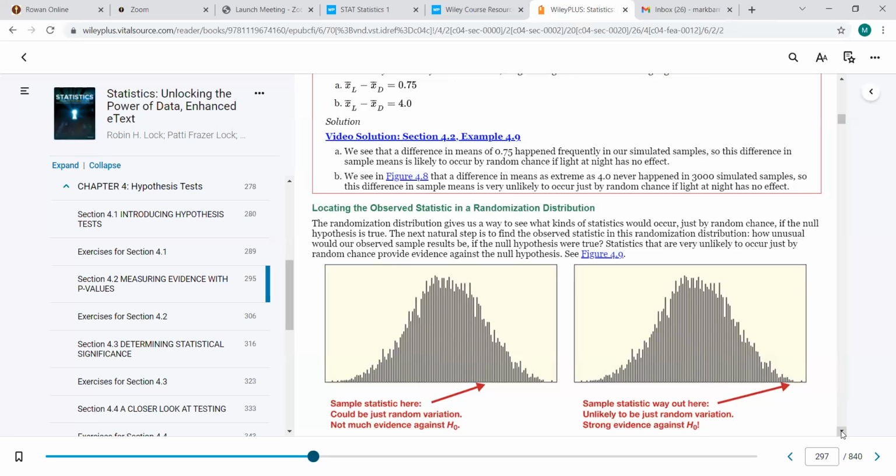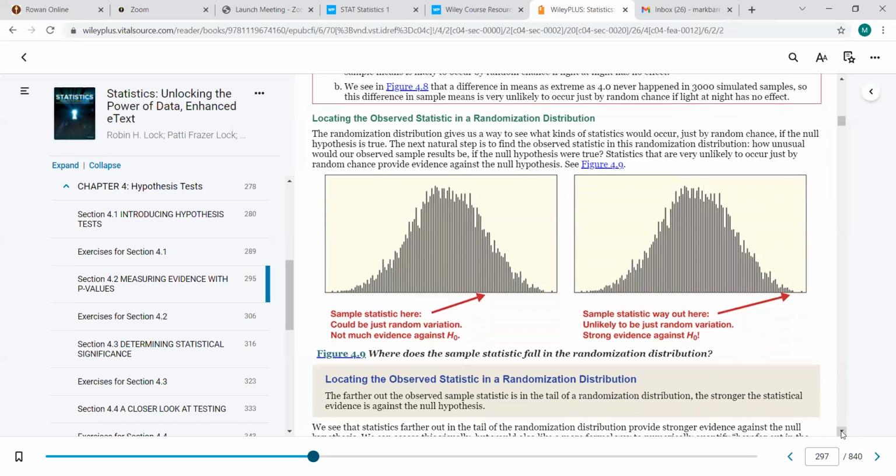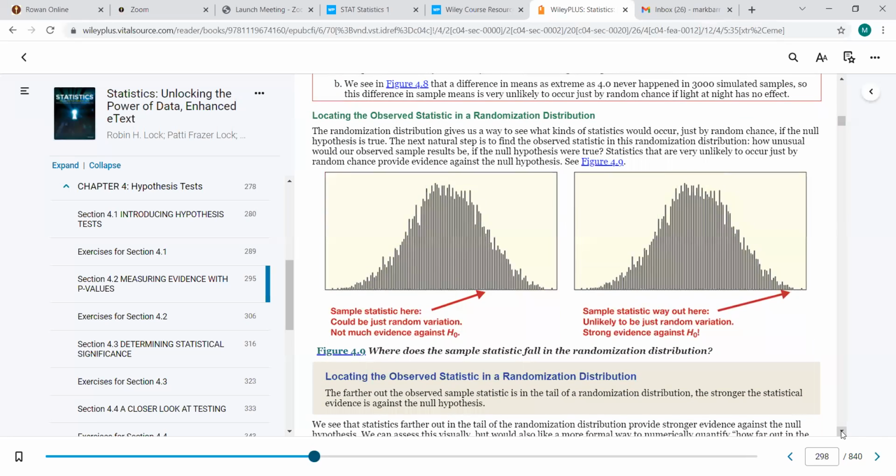So here's the whole idea. What if we wanted to determine the proportion of these randomization samples that are as extreme or more extreme than the sample result that we got? The larger that proportion is, the less likely we would reject the null hypothesis.